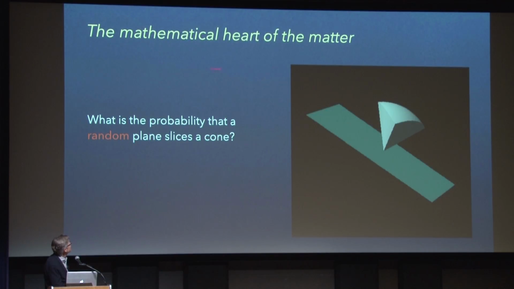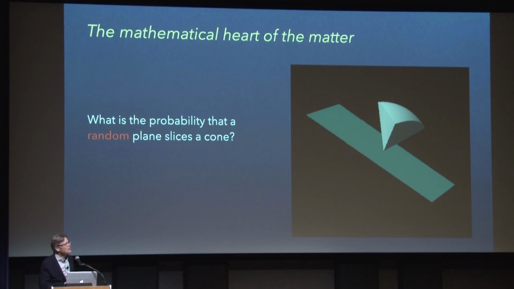Okay, well, how could math help this? So I'm going to talk to you about something that you can agree seems like math, and then later in the talk we'll understand what the connection is. Here's an object I'm going to call a cone, and I'm going to call this a plane.